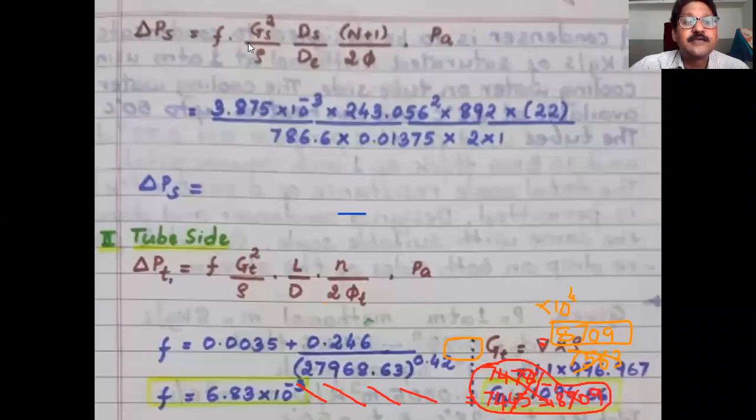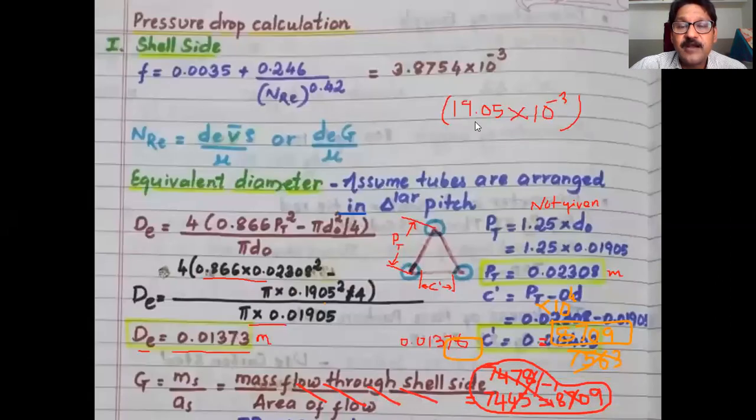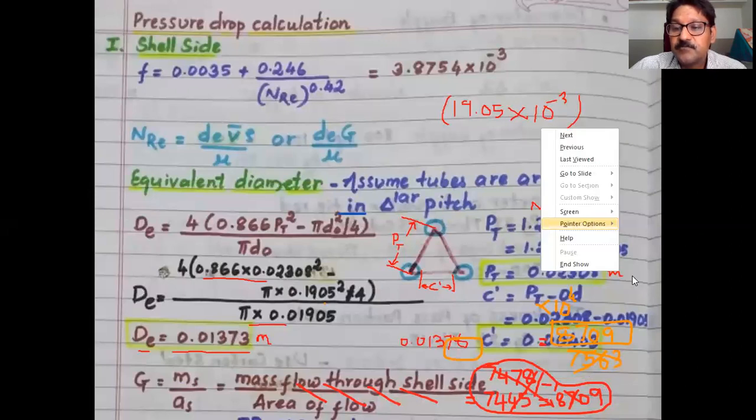Now you calculate delta PS, that is given by shell side. f is equal to Gs squared rho Ds by De, n plus 1, divided by 2 psi. So therefore you calculate friction factor. Come to the friction factor.